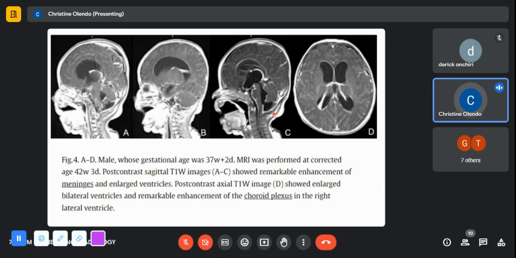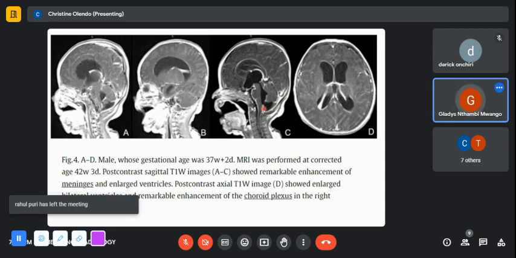I'm not so sure. If you look at where you have the cisterna magna, there is some enhanced dura. Yes, you can see that, all the way down. Yes, exactly. So you have both lepto and pachymeningeal enhancement.